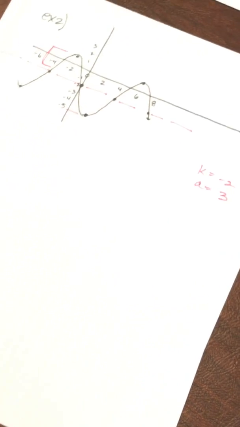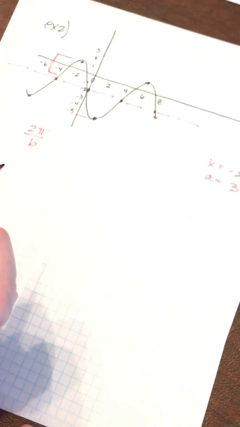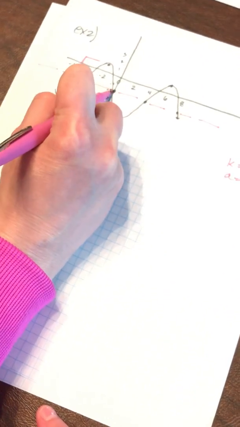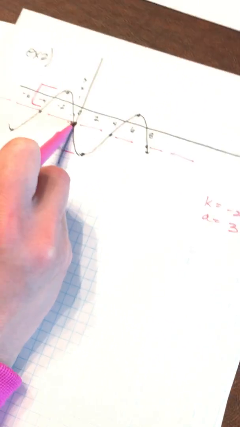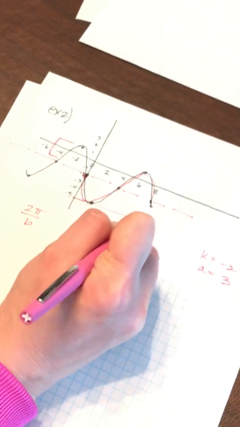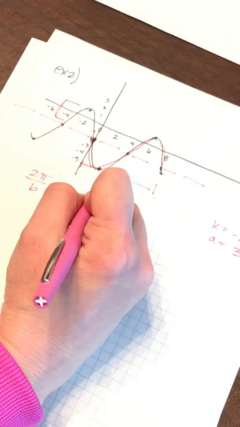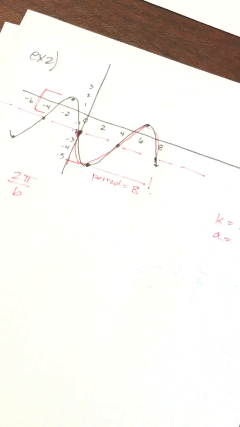All right, next we're going to find the period. So 2 pi over b is the formula for period. And what I'm going to look for is 1 complete revolution of my graph. So if I start here at the y-axis, and I go 1 revolution, it takes me from 0 to 8, which means the period of this graph is 8.